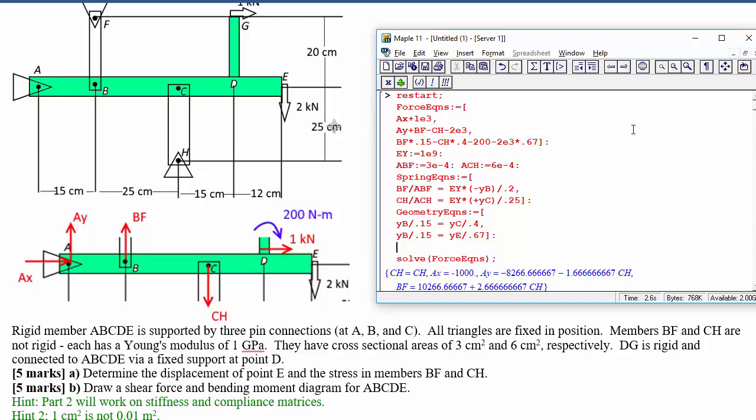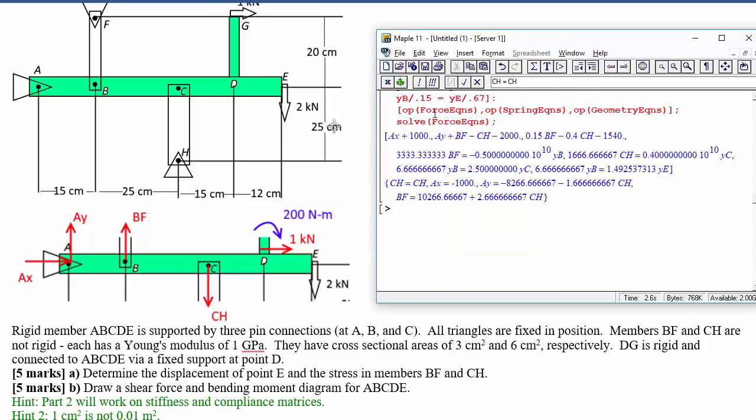So first, I'm going to make a list, after opening up each of these sublists. And so you see this, this OP command just opens up the previous list.